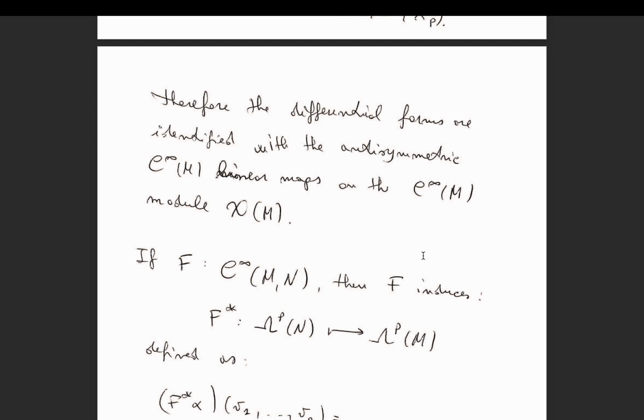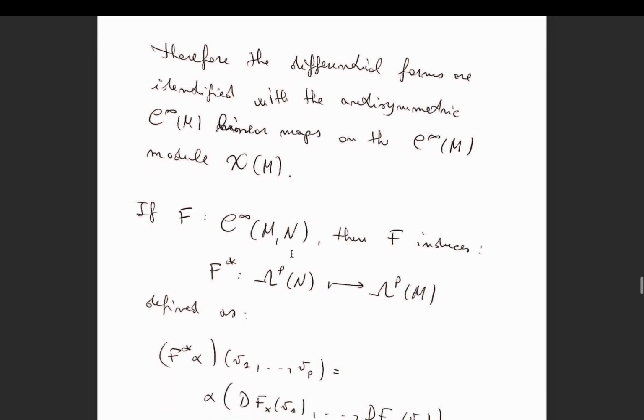Furthermore, if F is a C infinity map from a differentiable manifold M into a second differentiable manifold N, then we can build the so-called pullback of a differential form.